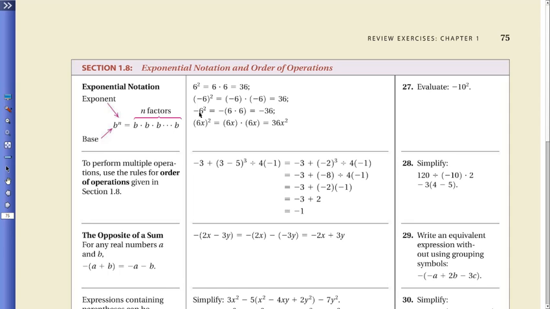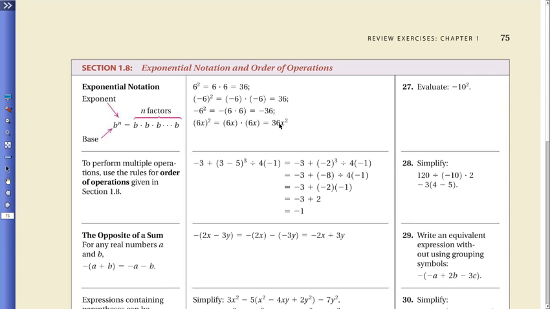If I have the negative of 6 to the 2 power, by order of operations, that negative is really negative 1 times something. So another way to write this is negative 1 times 6 to the 2 power, where I take 6 being a factor twice, and I end up with negative 36.